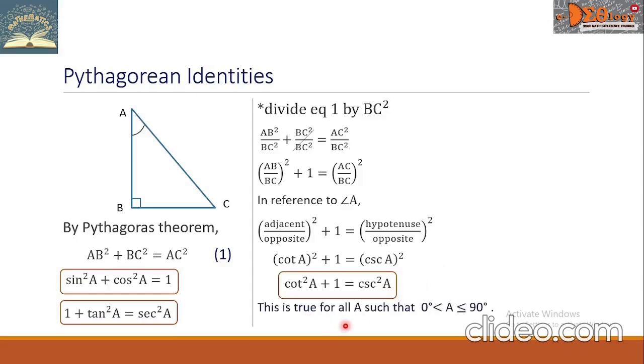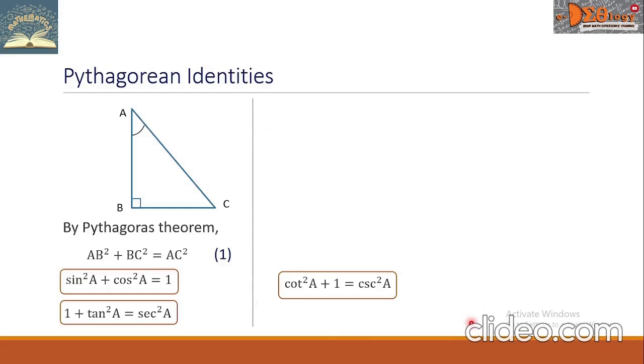This is true for all angle A such that A is more than 0 degrees, but A is less than or equal to 90 degrees. These are the Pythagorean identities.